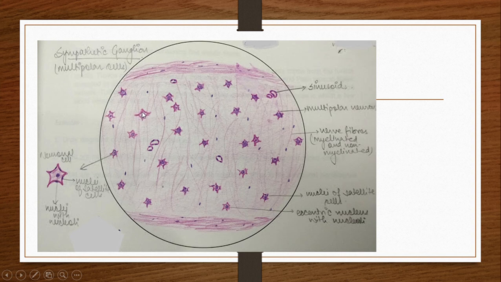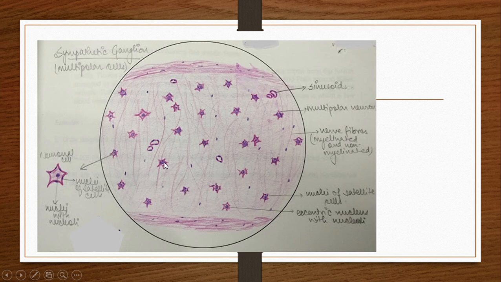These projections represent the dendrites, and in between there is the presence of discretely formed bundles of fibers. That means sparsely arranged fibers can be seen in between the neurons, and the nucleus is present eccentrically.